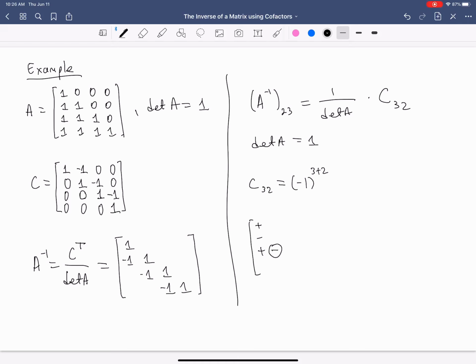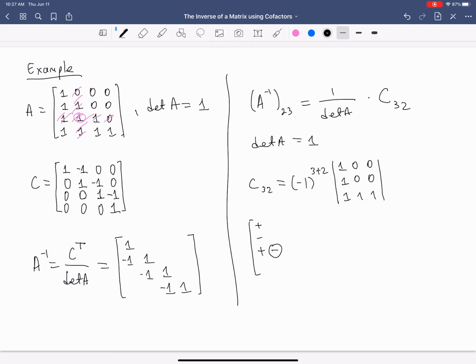So third row, second column, I remove the corresponding row and column. And what I have is the determinant of what's left, which is 1, 1, 1, 0, 0, 1, 0, 0, 1.